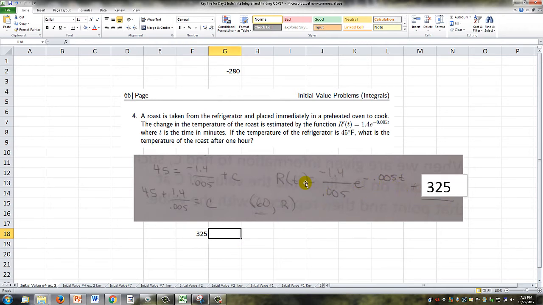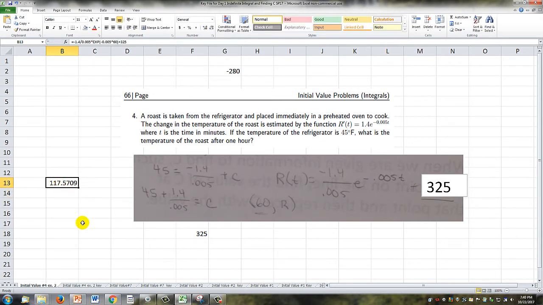Okay, so now I want to use this function, and I know that the time is 60 minutes, and if I use this function and plug 60 in for t, I'll be able to find the temperature of the roast. So I'll just do that right here. So this would be equals negative 1.4 divided by 0.005 times exp parentheses negative 0.005 times 60 plus 325.